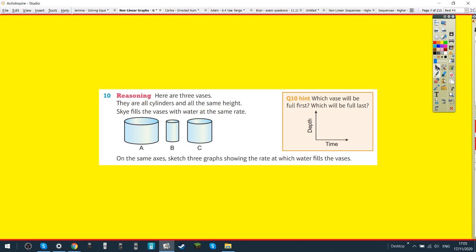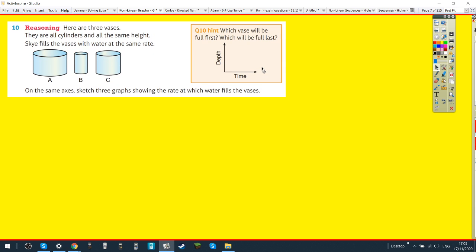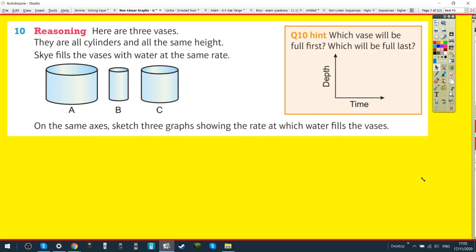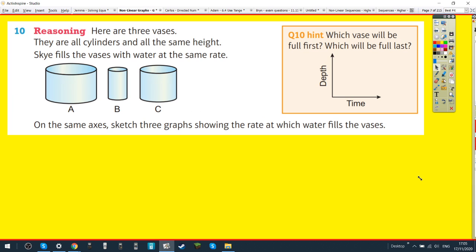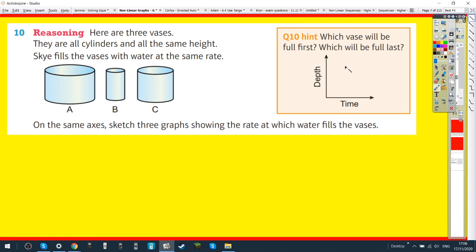Let's see, what would be the difference between the graphs for these 3? So B would be just a straight line. Yep. Oh, wait, all of them would just be straight lines. And so what would be the difference?